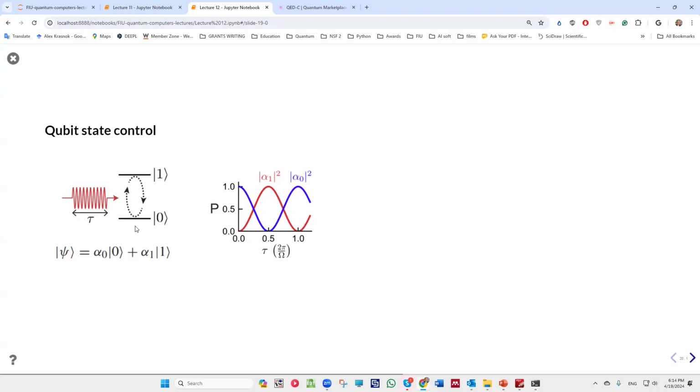So I cannot only raise the energy of the qubit, I can transit it in the reverse way from state one to state zero by sending just another pulse. So I can flip this qubit from 0 to 1 and from 1 to 0. So this is exactly the X gate.